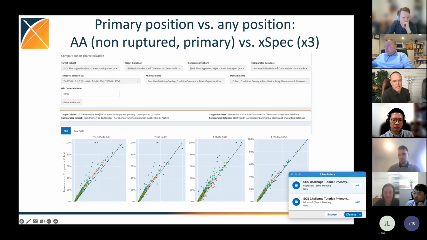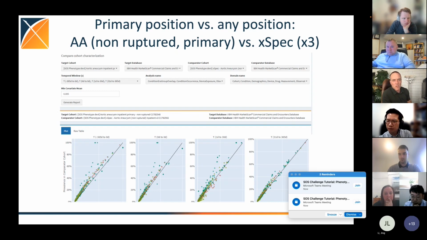But the other thing I noticed is that looking at aortic aneurysm as a diagnosis in the primary position, it looks like it probably has features of both aortic aneurysm, but also dissection or rupture.